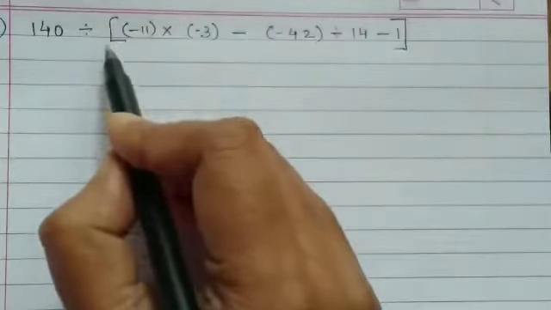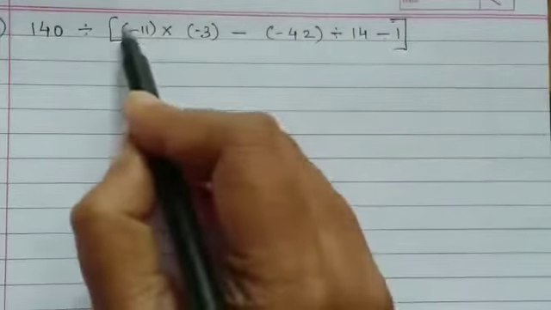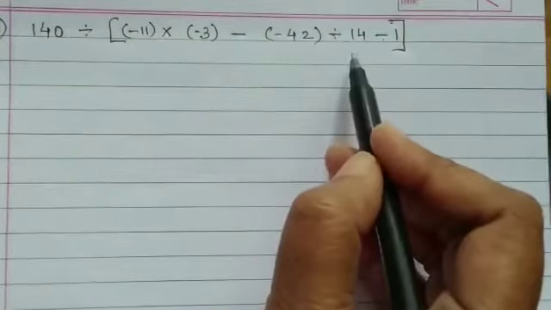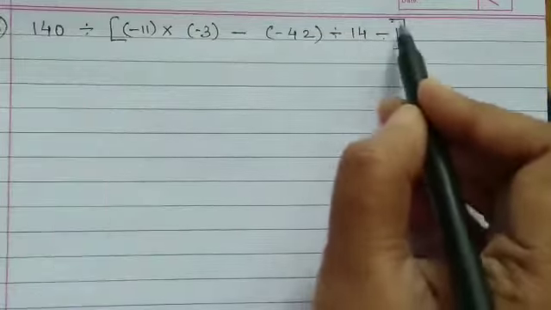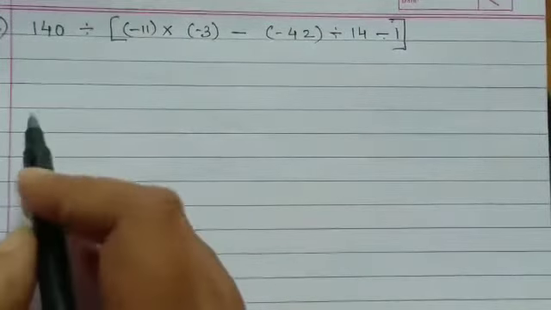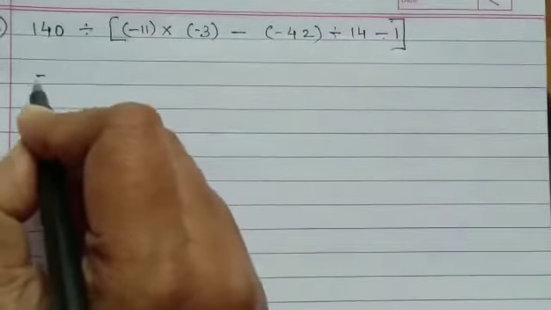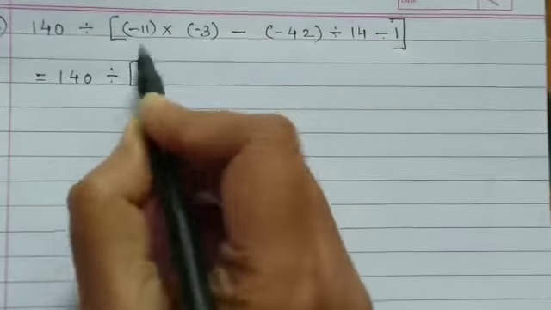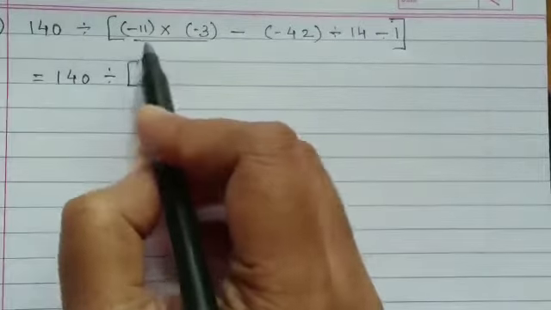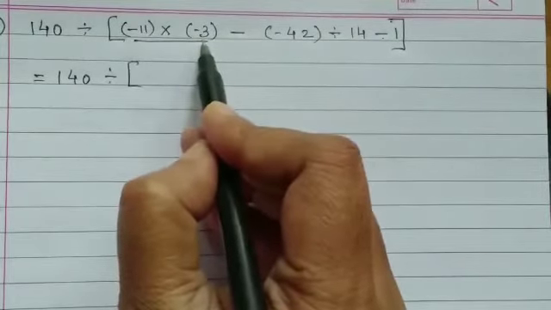Now here you can see there is a square bracket and you can see round brackets also. Now whatever is inside the square bracket, we will solve that first. So you get 140 divided by, first we will solve this. These two numbers are to be multiplied.